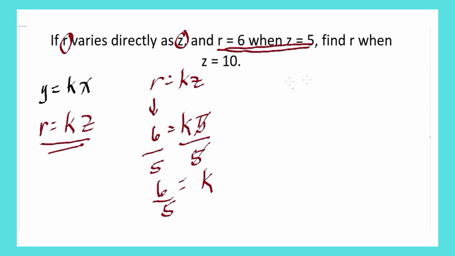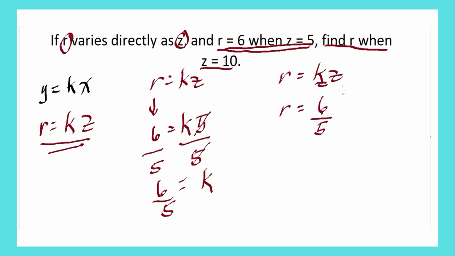And then, using the same equation, r is equal to kz, we are going to go to the next situation. It says here, find r when z is 10. Okay, so we're going to find r. We already found the value of k. What is the value of k? 6 over 5.